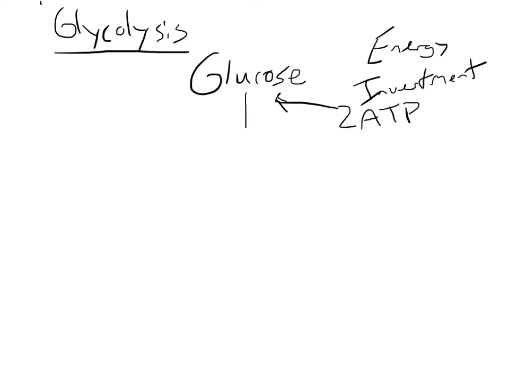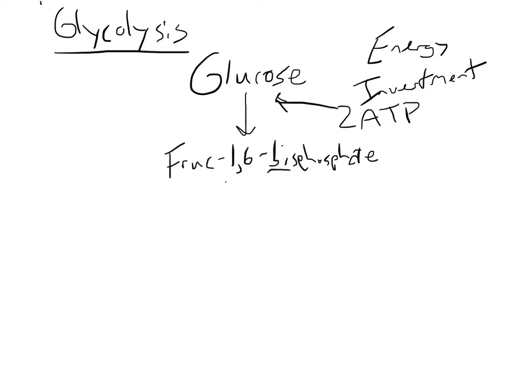So those 2 ATP go in and they form what we call fructose, I'm going to abbreviate a little bit, 1,6-bisphosphate. And that's going to have 2 phosphates on it. Now this makes an unstable molecule.